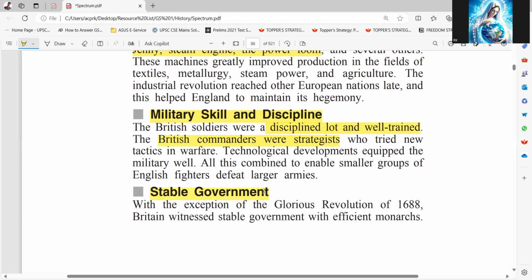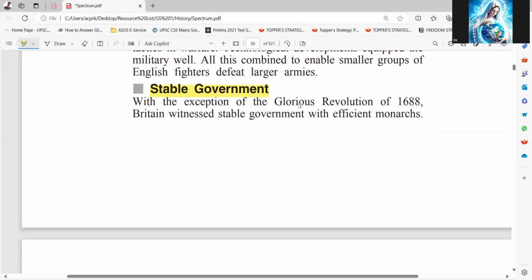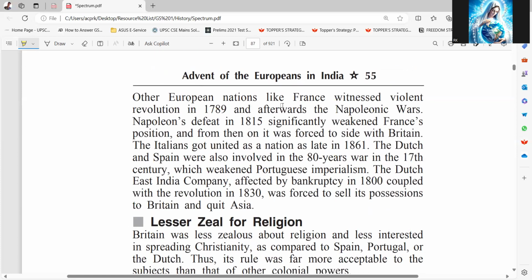Fifth reason is stable government. With the exception of the Glorious Revolution of 1688, Britain witnessed a stable government with efficient monarchs. Other European nations like France witnessed a violent revolution in 1789 and afterwards the Napoleonic Wars. Napoleon's defeat in 1815 significantly weakened France's position, and from then on it was forced to side with Britain.